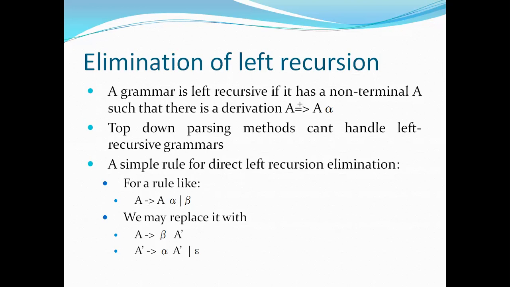Here are the productions. A left recursive production is in the form A produces A alpha or beta. Or A produces A alpha 1 or A alpha 2 and so on up to A alpha n, or beta 1 or beta 2 and so on up to beta m.